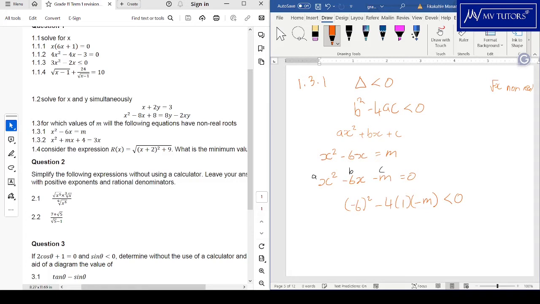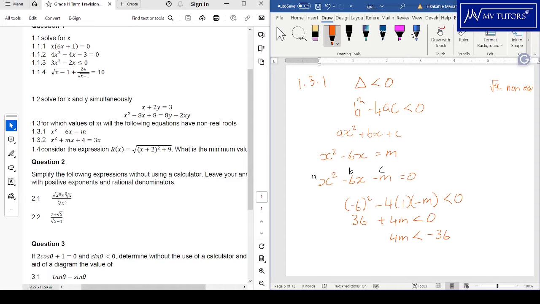That's the condition. And then I'll have 36 minus, I have a minus here and another minus there. Combine and multiply, they make a plus 4m. All this is less than 0. If I take the 36 to the other side, it becomes negative 36.